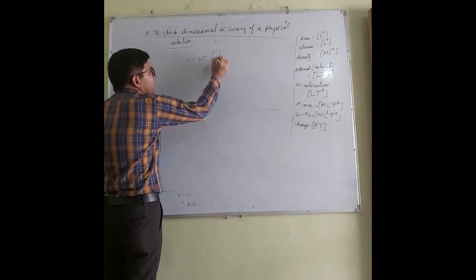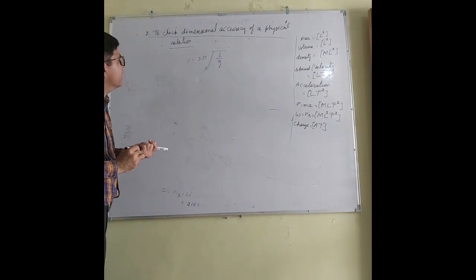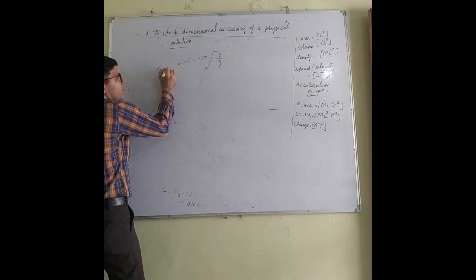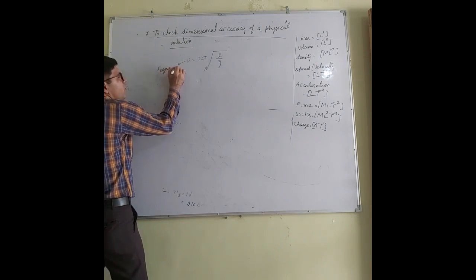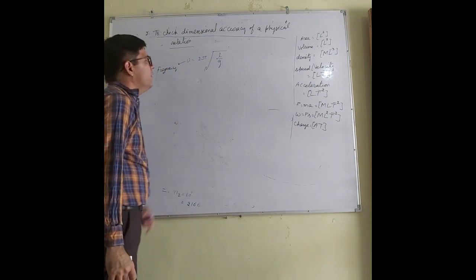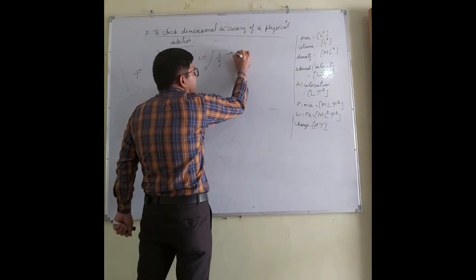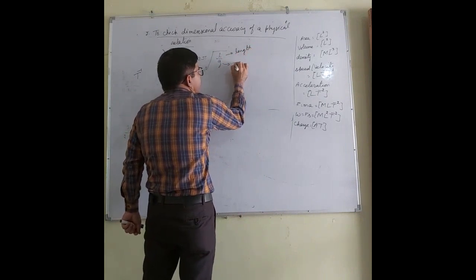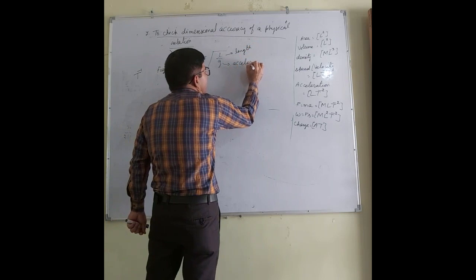Is this formula correct or incorrect? Let me check it out. What is this nu? It is frequency. And what will be the dimension formula of frequency? T to the power minus 1. And what is L? L is length here and g is acceleration due to gravity.